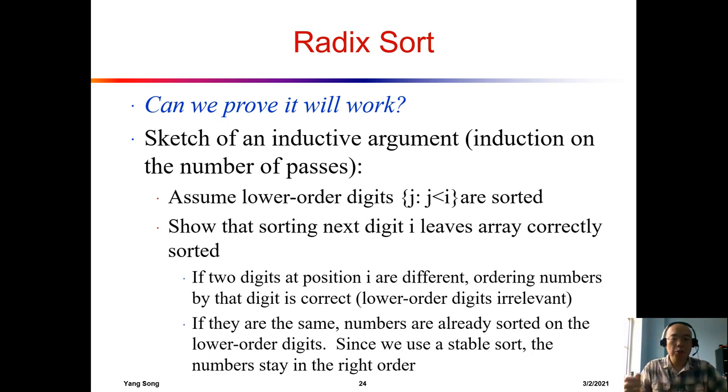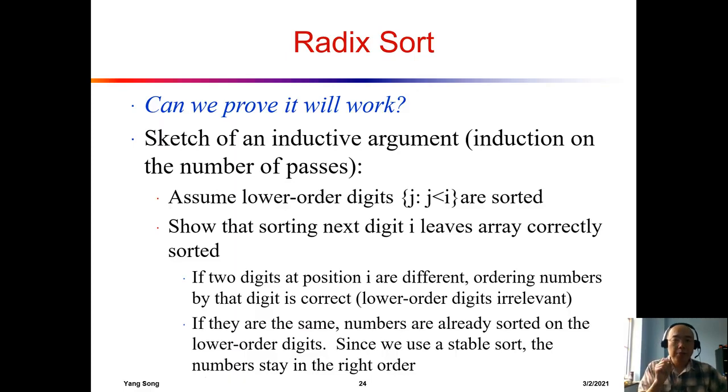If those two digits on the position i are different, and position i is so far the most significant digit to be sorted, whichever is lower will be put first. So in this case, we are still having a valid sorting so far from the digit i and all the lower order digits.